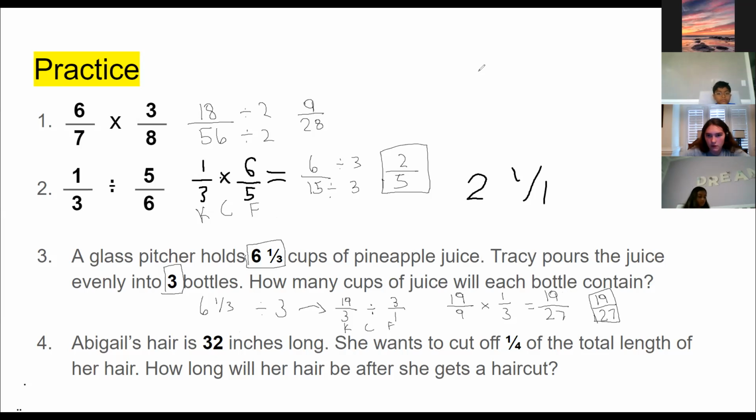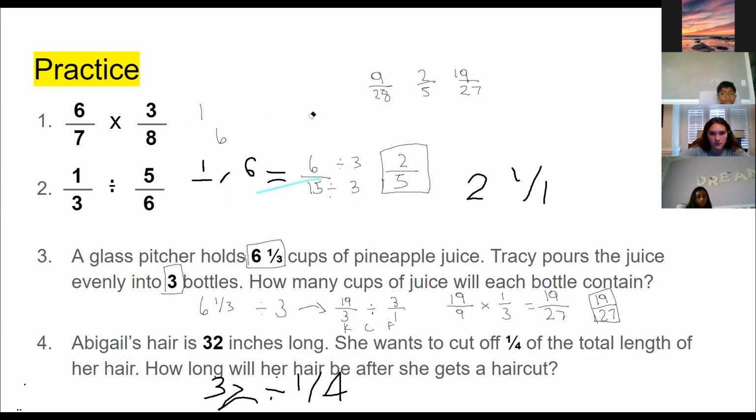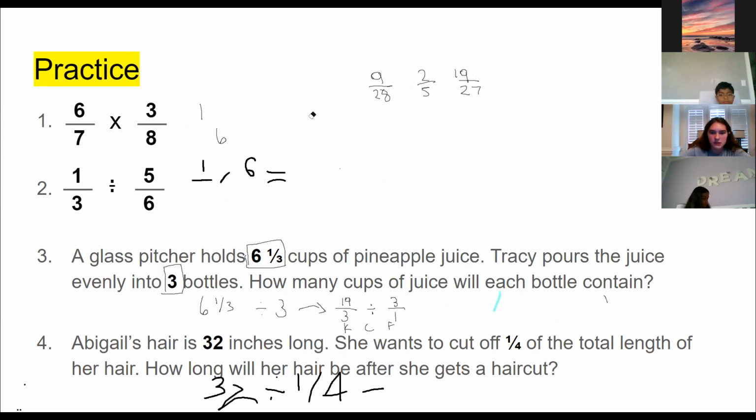Here, if you don't have enough room, I think I can just write the answers at the top and then erase everything else. 32 divided by 1. You can use the space that I'm erasing if you want to.